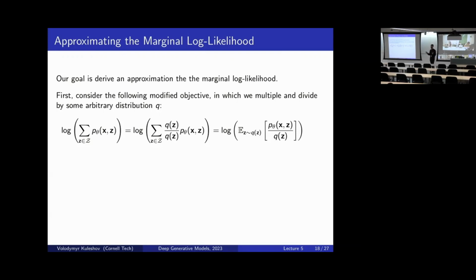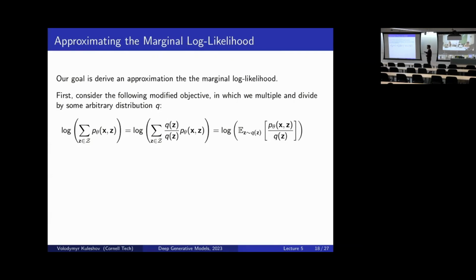Let's say we have any probability distribution q. If I just divide and multiply by it, that's just 1, so this doesn't change anything. But for now, bear with me for a moment. Let's just do the exercise of doing this operation, which doesn't change anything. So in the first equality, nothing changed.